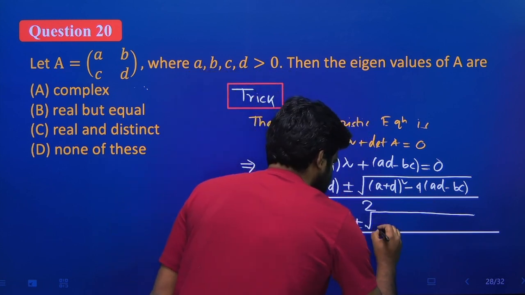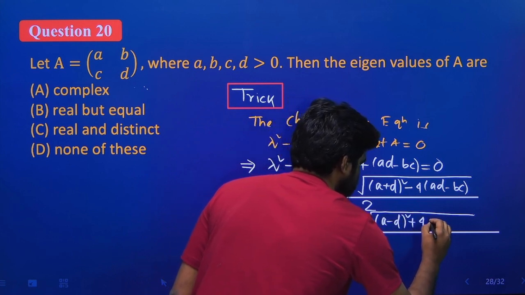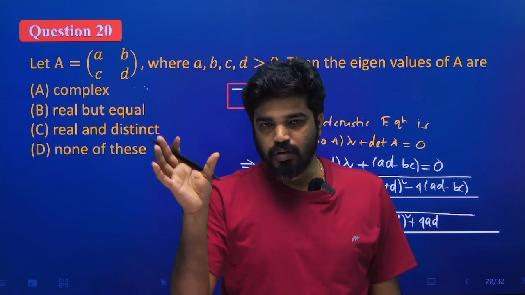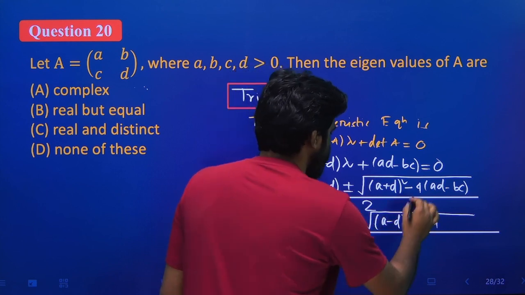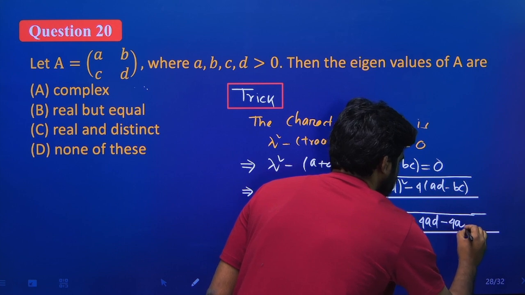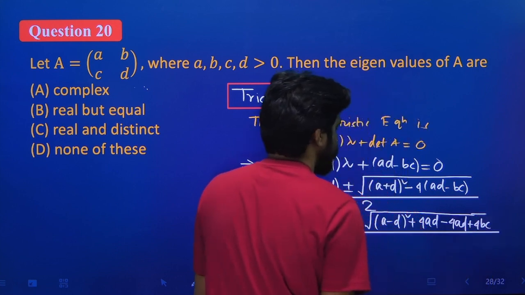This can be written as (a minus d) whole square plus 4ad, minus 4ad plus 4bc.